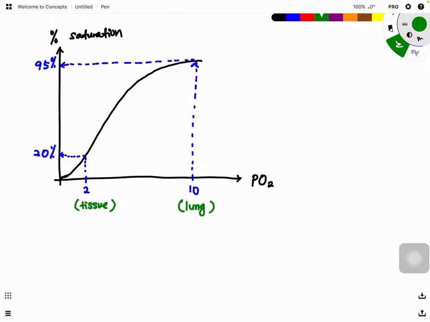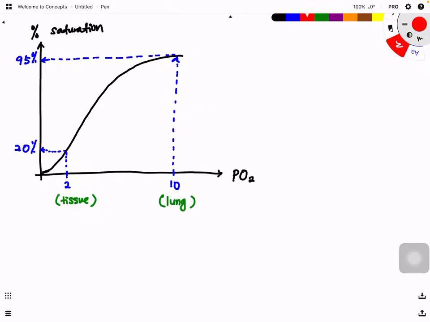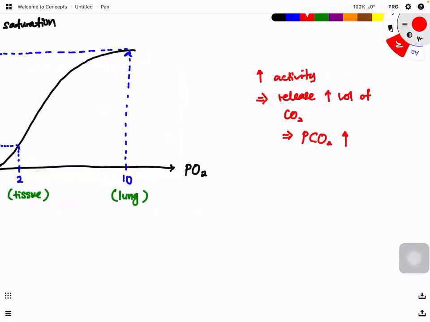But when the tissues have high activity, where they are going to release high volume of CO2, therefore partial pressure of CO2 increases. Are you clear?